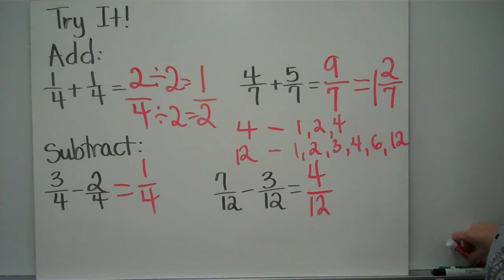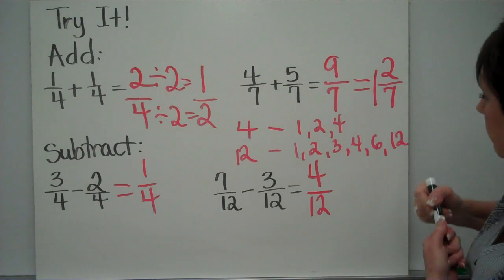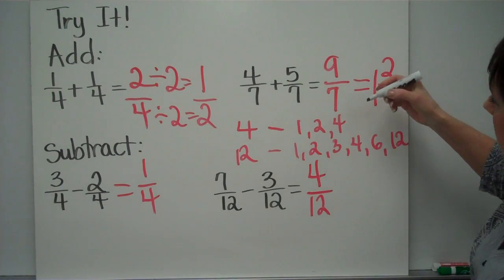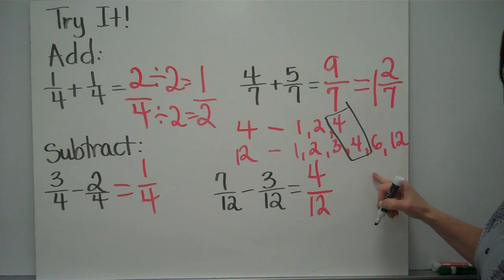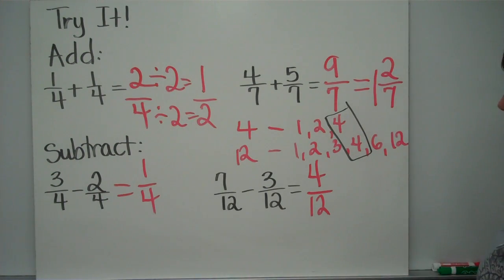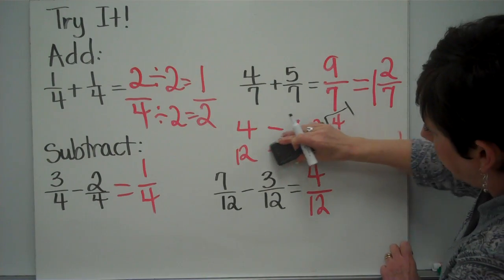What is the largest number in both lists? Remember how we did that on our simplifying fractions lesson? Well, I see 4 in both lists. So let's divide this number by 4.